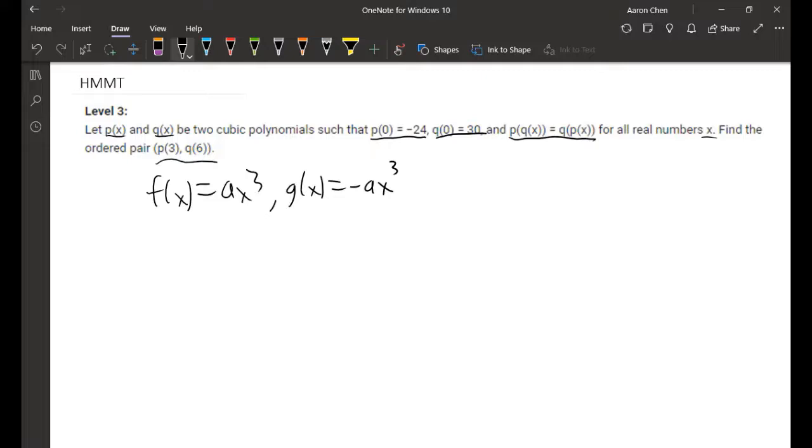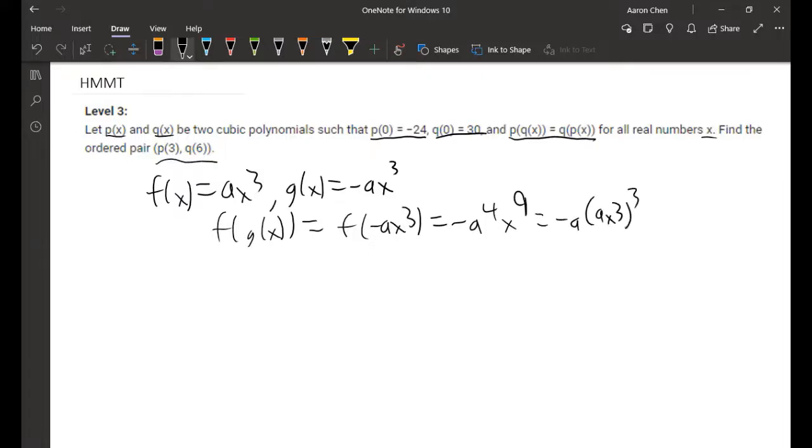And so from here we have that f of g of x is equal to simply f of negative ax cubed, which is just negative a to the fourth x to the ninth. And at the same time, this is equal to negative a times ax cubed, and this is equal to g of ax cubed, or g of f of x.